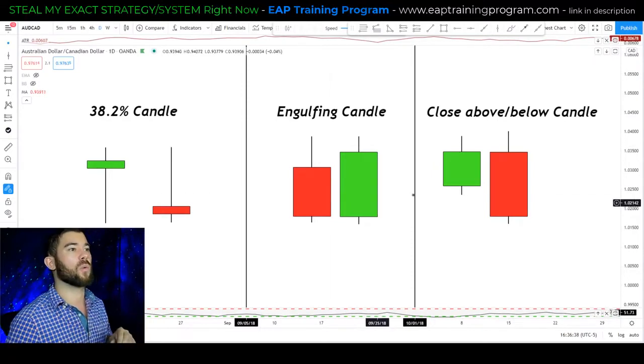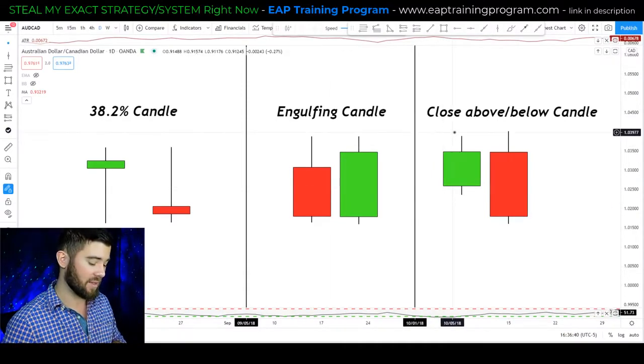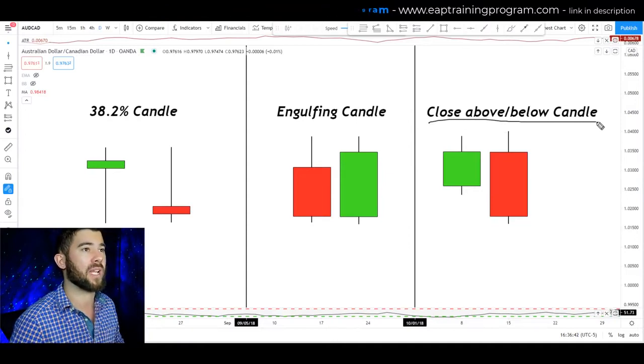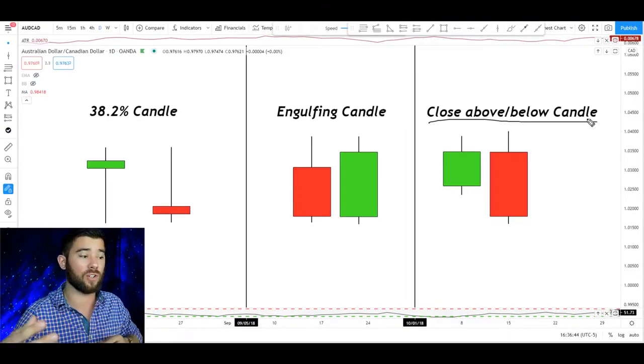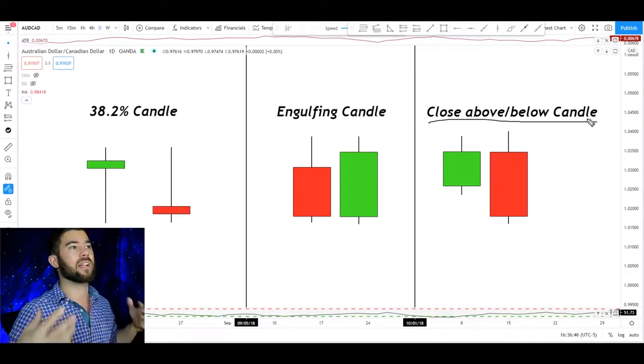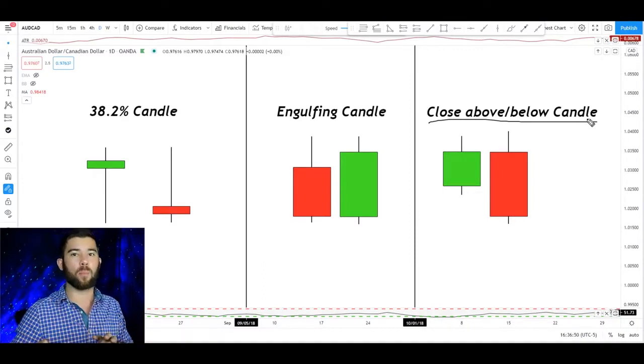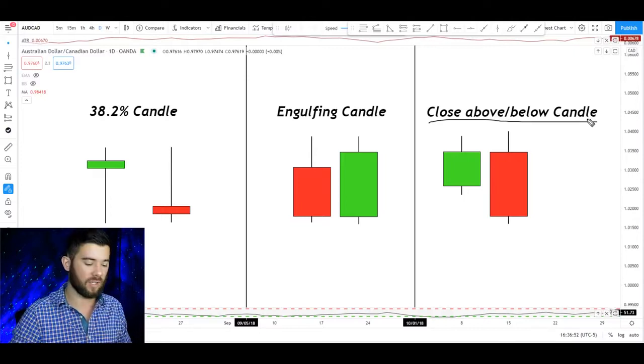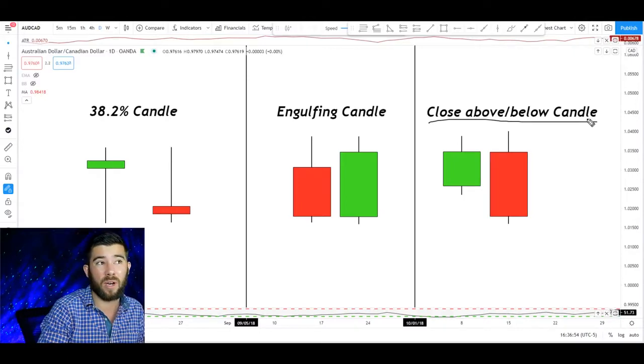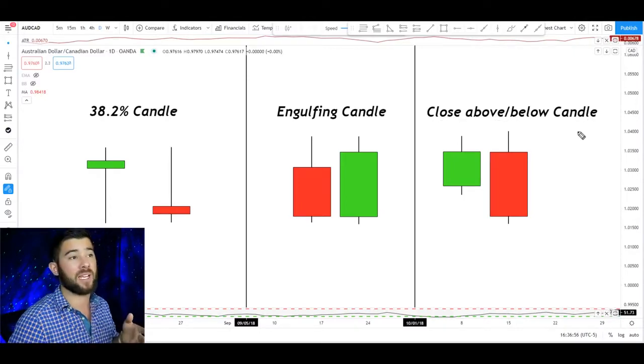So next up, we have the close above and close below candle. Again, all of these candles are used in the same way. They're all either going to be used to help you identify reversals, market sentiment, or help you enter on trend continuation trades. Here we have close above and close below candle. Pretty self-explanatory.